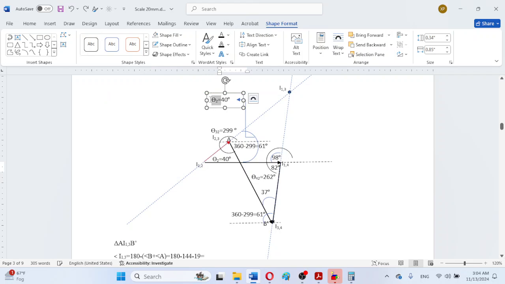So that is equal to 40 plus 61 degrees, because here is 61 degrees and this is 40 degrees, same alternate angles. So that will be equal to 101 degrees.